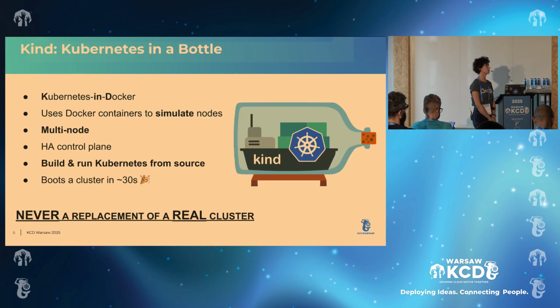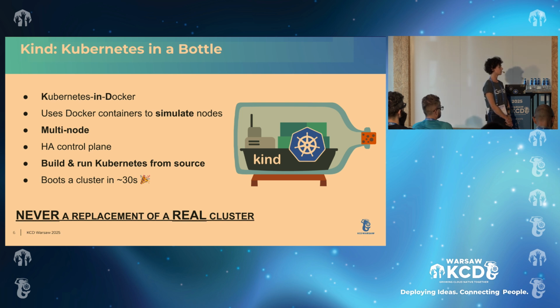So here comes Kind. Kind is Kubernetes-in-Docker. This is a product which was invented to actually test Kubernetes. It uses Docker to simulate nodes, so we can set up Kubernetes on one machine without having those heavy-duty nodes or other systems and working with all of that stuff like networking.